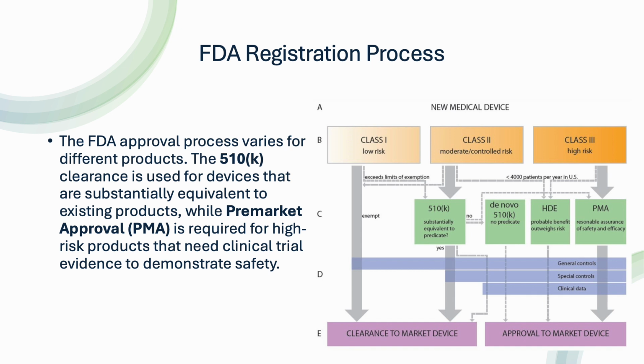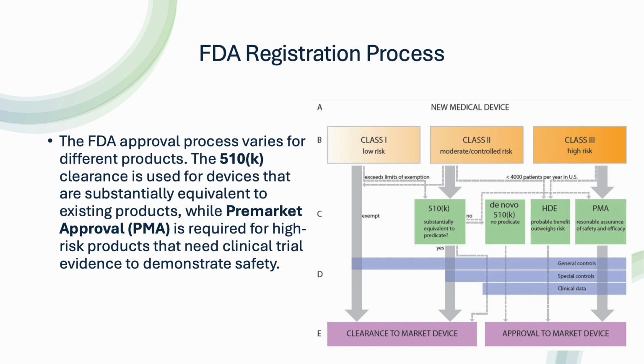We are talking about FDA, of course, classification of medical devices. And here we can see where is, again, the place for the 510(k) application. And of course, we also have de novo or 510(k) de novo, but we also have for class 3 the pre-market application.